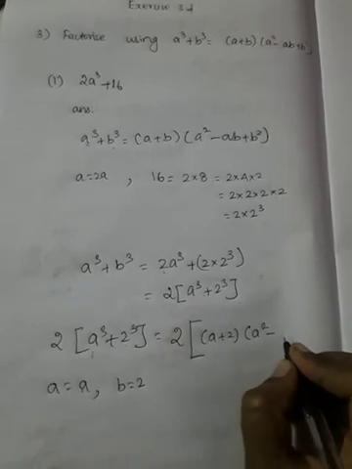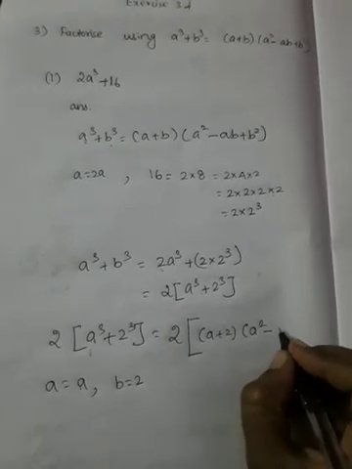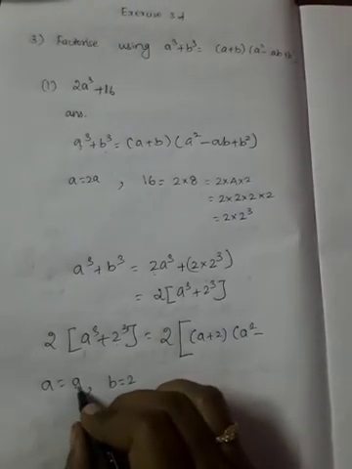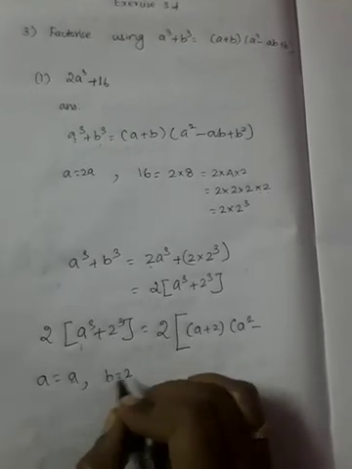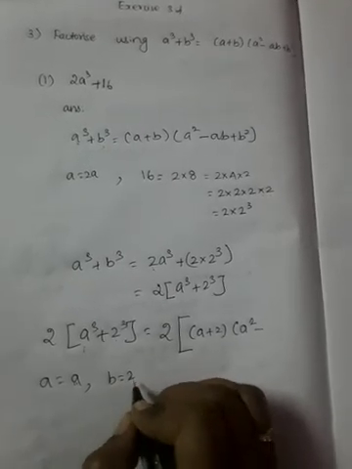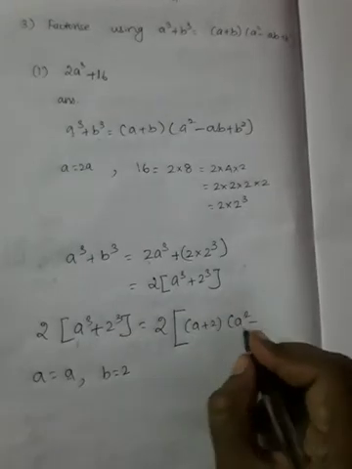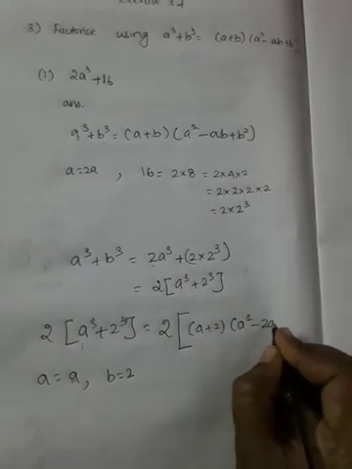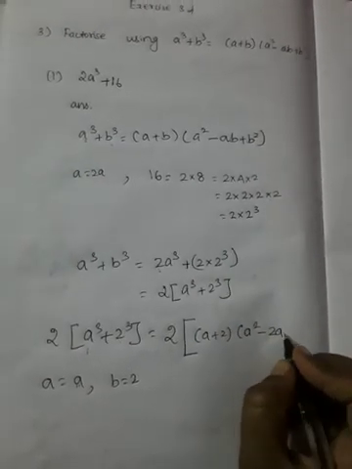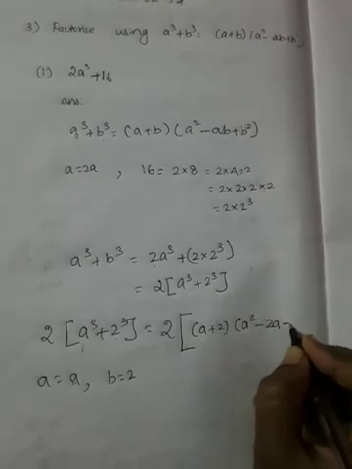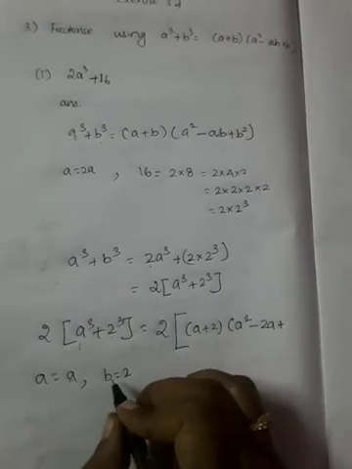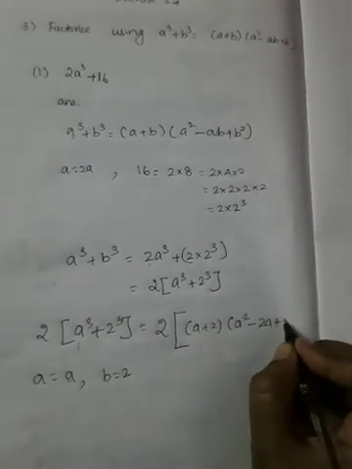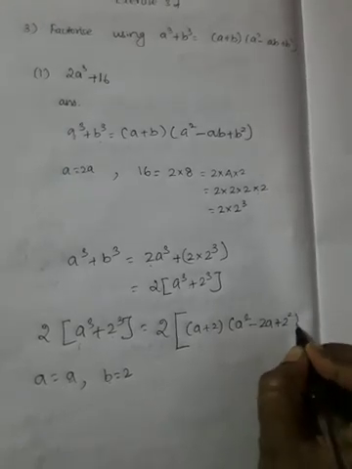What do you mean by ab? a into b, so a into 2, which can be written as 2a. After that plus b square. What is b? 2 square. So you just write it as 2 square.